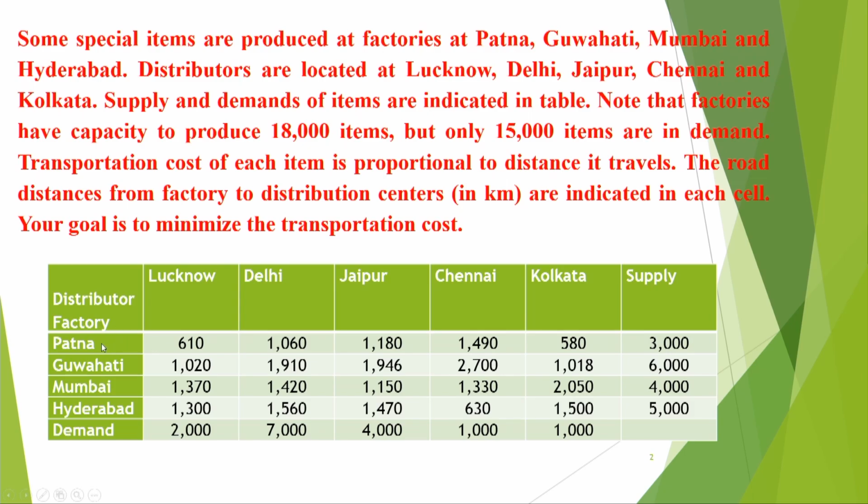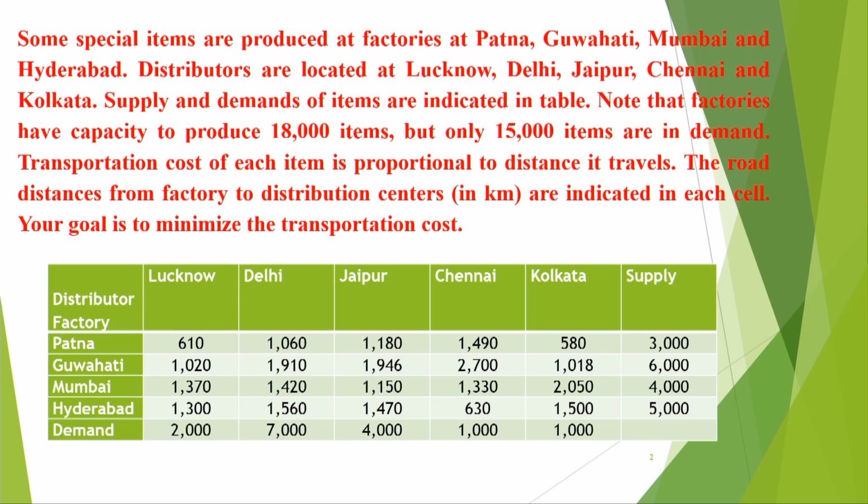Then if you transport 1 unit from Patna to Lucknow, you have to pay 610 rupees. But we need not worry about that. Basically, we will allocate in such a way that the product of units and distance will be minimized.